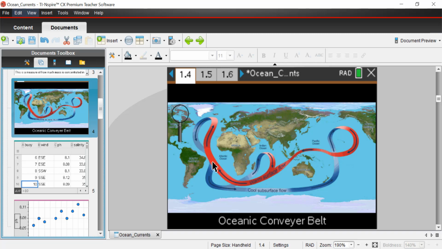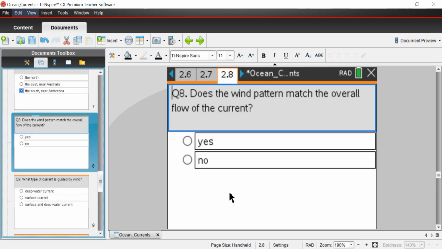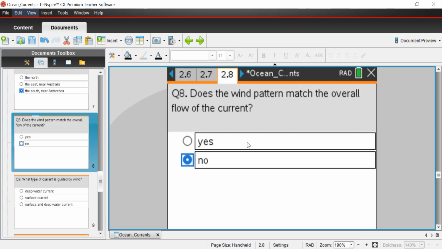You'll notice, on this side, as that warm current goes up and gets close toward the poles, it cools off, and then it comes back down, all the way down here, comes back up again, and then switches over again off the coast of California. It's pretty interesting. It's not necessarily related to wind pattern, though, so we'll say no.